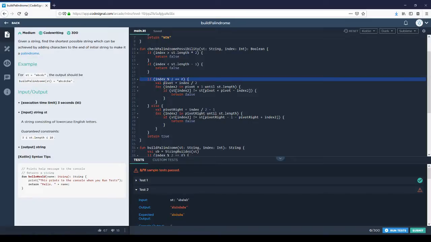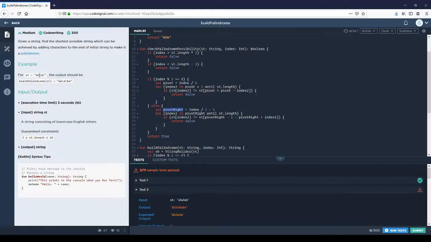Oh, if the pivot is a real character, if the pivot is virtual. So that means that, because I don't know where we stopped, pivot right would actually be the index is a pivot, so pivot index to be exact.